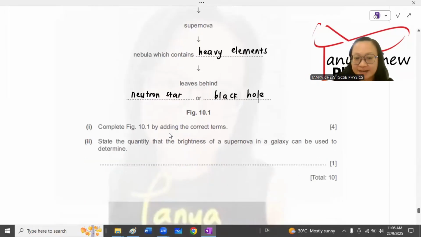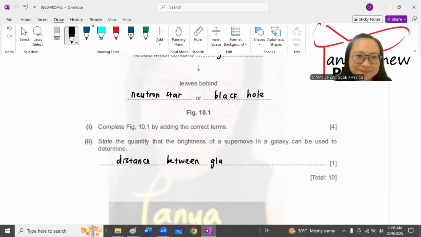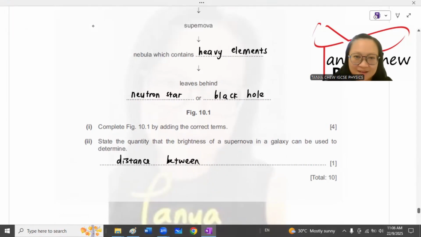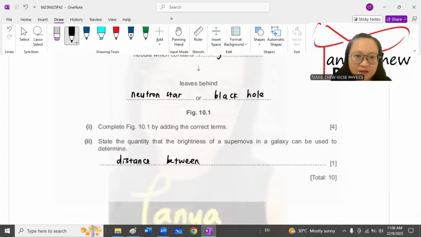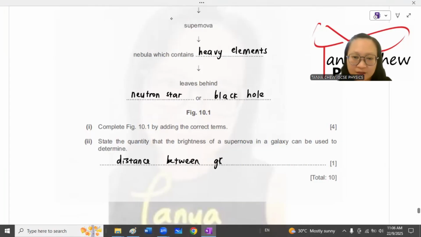And the second part, state the quantity that the brightness of a supernova in the galaxy can be used to determine. So we can use the brightness to determine the distance between the galaxy and Earth.